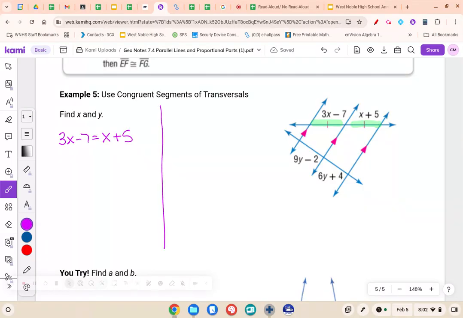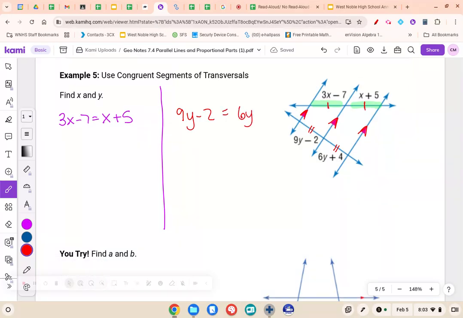We also are going to have to solve for y. These two do not have a congruence marking, but because we have parallel lines and these are marked congruent, we know these y are also congruent. So we have 9y minus 2 equals 6y plus 4.